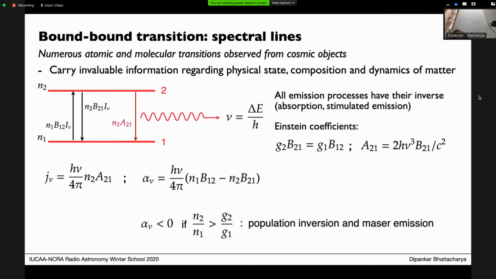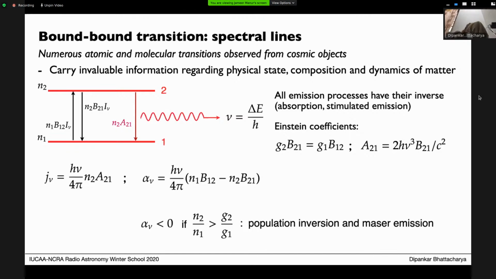Now there could be situations where N2 B21 is larger than N1 B12. In that case, the absorption coefficient can become negative. So then any incident radiation I nu will be amplified, because any I nu will then be added to primarily by stimulated emission.